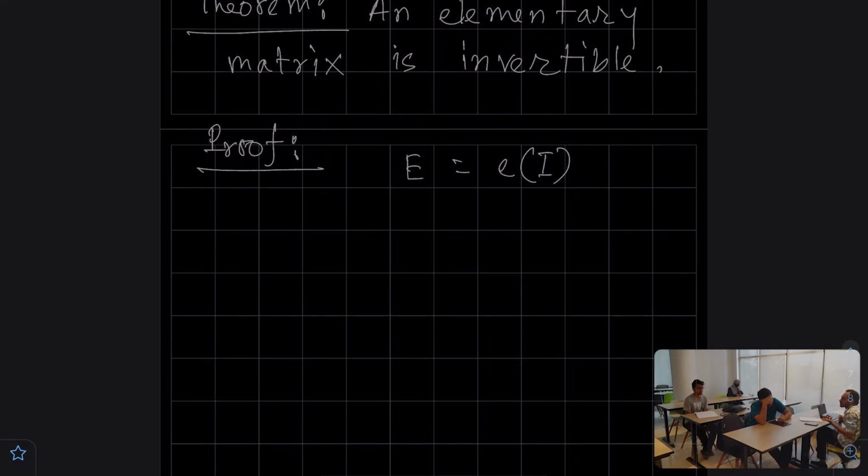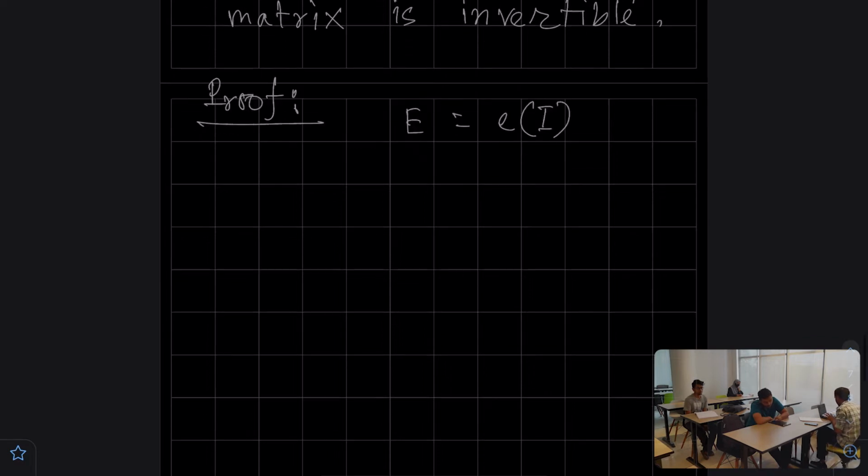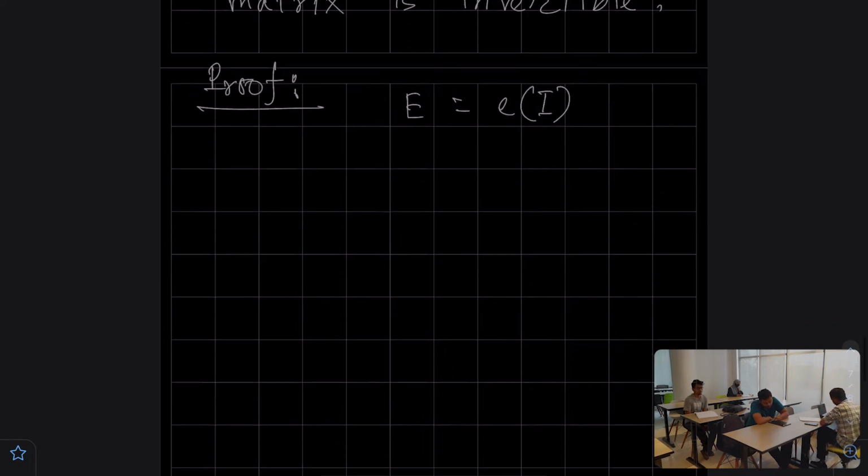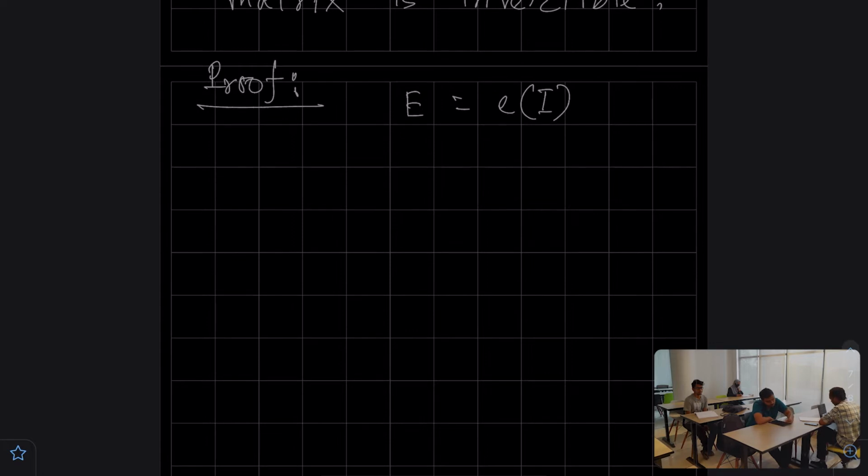This E can be any of the 3 elementary row operations: the type 1 row operation, type 2, even type 3. So E equals E of I.